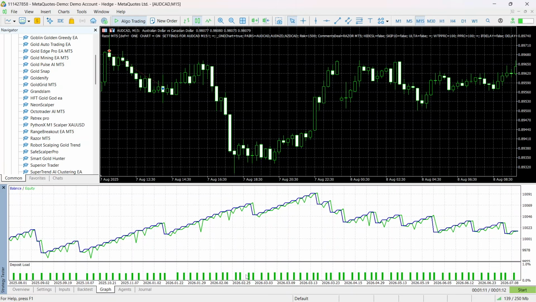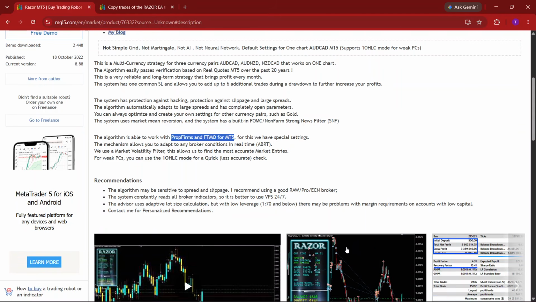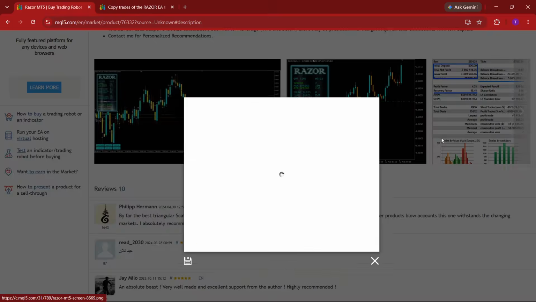Honestly, the thing is, this is a classic mean reversion setup that leans on the correlation of those three commodity pairs. In ranging or mildly trending conditions, you can keep stacking small wins. And when the triangle starts moving hard in one direction, those extra trades kick in.